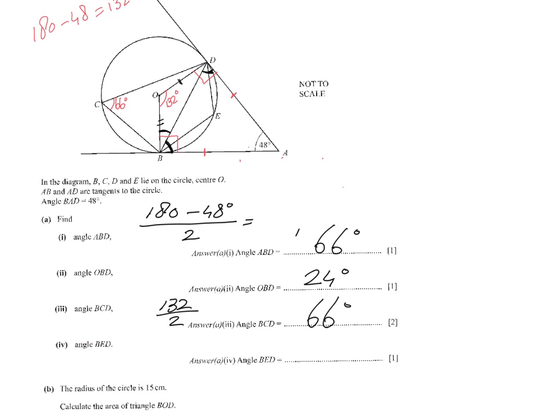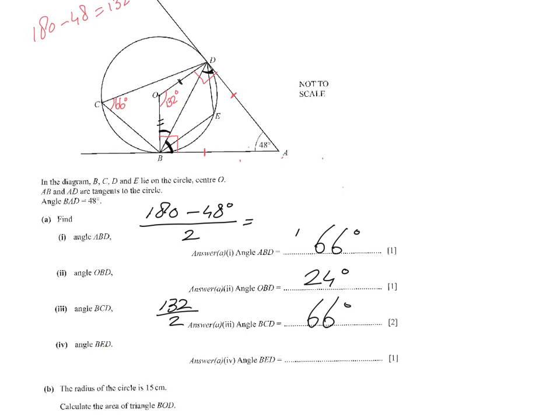Then the last question, angle BED. Where are we? BED. I missed that one. Look, guys, there is a cyclic quadrilateral. I missed that one at the beginning. A cyclic quadrilateral is a quadrilateral where all the vertices lie on the circumference of the circle, and because of that, the opposite angles add up to 180.